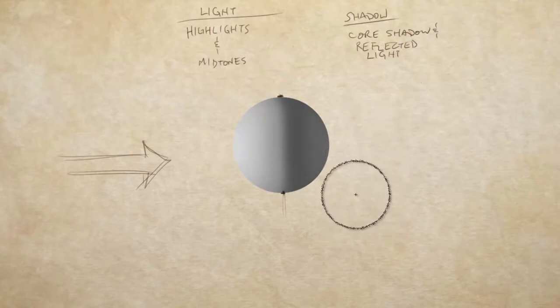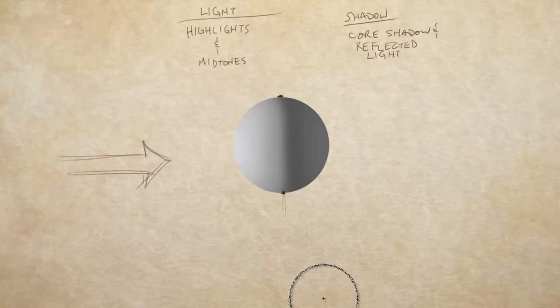And the reason is that on Earth, we always have something that's going to bounce the light around. There are very few cases where you don't get any reflected light, and in those cases you have occlusion shadows. We'll talk about that later. But on Earth, pretty much always, there's always going to be a little bit of reflected light.